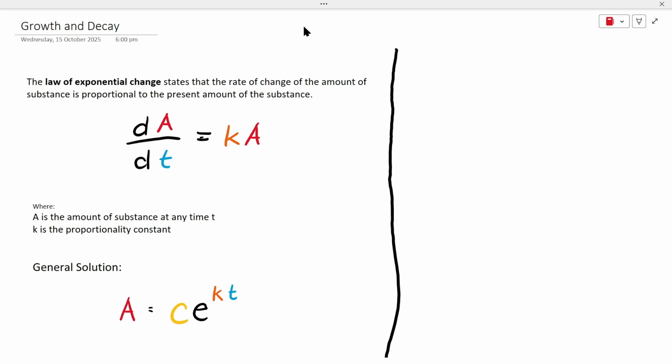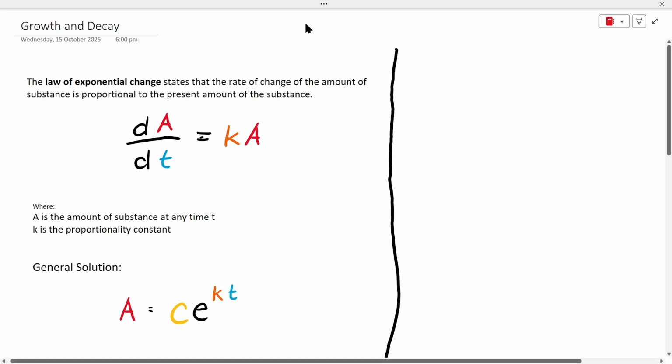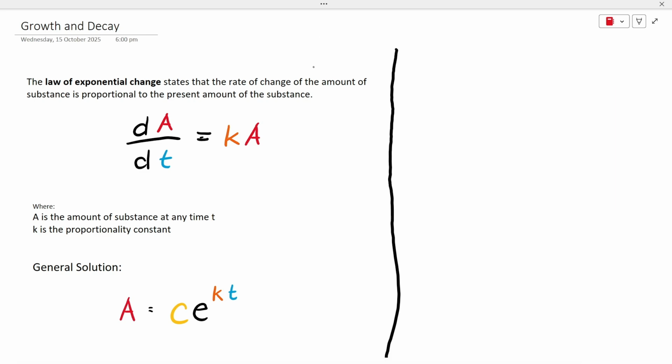So given the differential equation dA over dt, the rate of change of the substance as time passes, is equal to k, the proportionality constant, times A, the amount of substance at any time t.